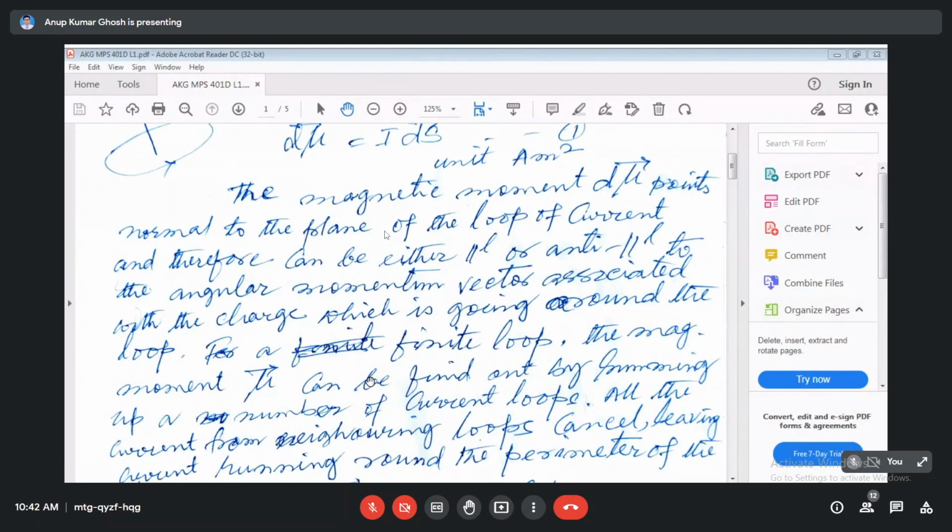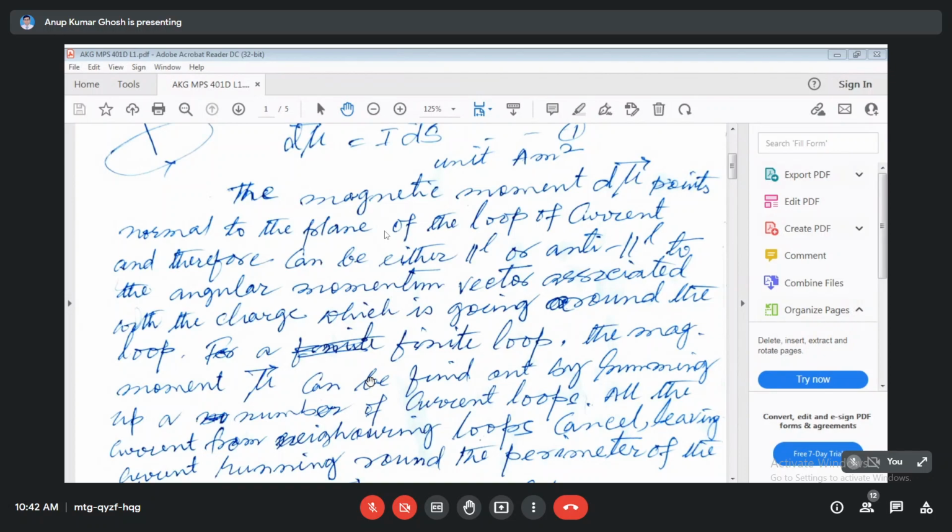That you have read somewhere in your BSc syllabus, and therefore it can be represented either parallel or anti-parallel to the angular momentum, and we will later on see that this magnetic moment will be associated with the angular momentum vector.